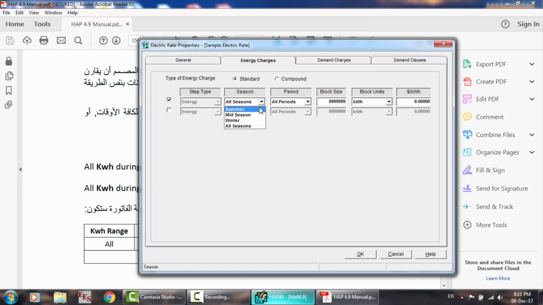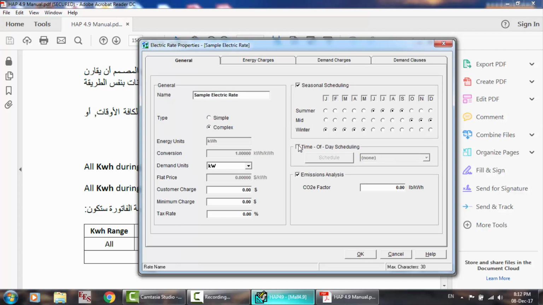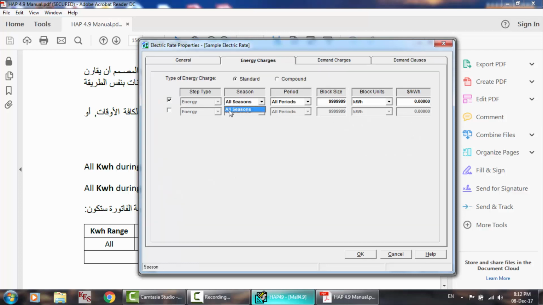You can define summer, mid-season, winter or all seasons. For the period also you can make it peak, mid-peak, normal or all periods if you have a table. If you do not have these, you will find all seasons and all periods.